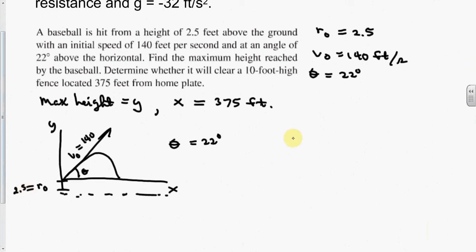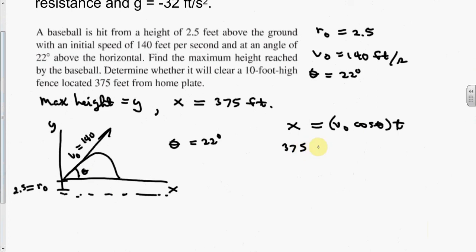Let's look at what we have and look at what we can write out. x here is equal to this initial velocity times cosine theta times t, the so-called time. They tell us that x is 375 feet. So that's the so-called distance traveled.